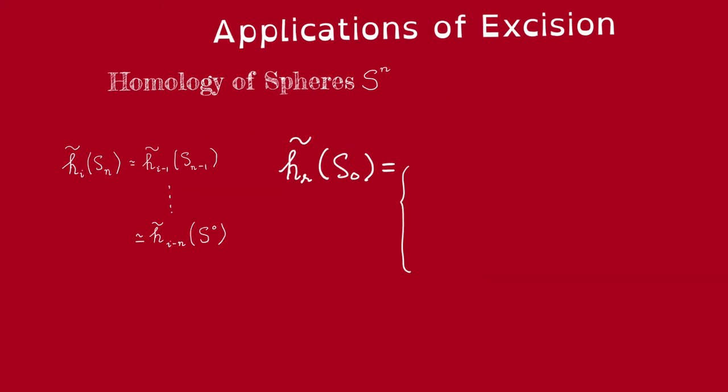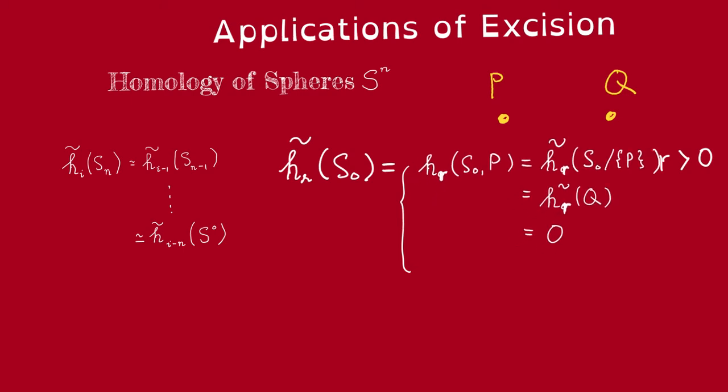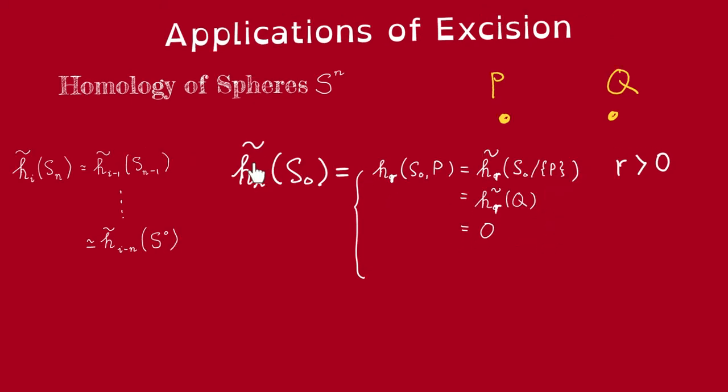Now, what is S0? S0 is just a 2-point set. So then we can immediately see what the homology group is in positive degree. In degree r, we can use our previous theorem on homology groups of quotients to see that this homology group is 0.